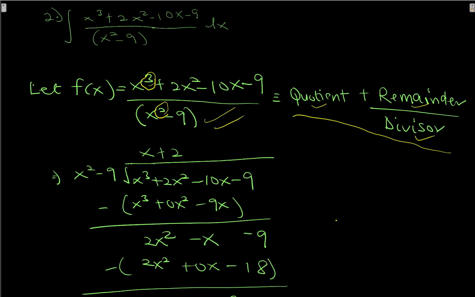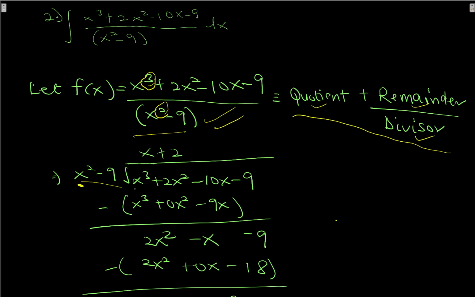So first of all, our divisor is the denominator, so we divide the numerator by the denominator. So we have x squared minus 9 dividing the numerator, which is x cubed plus 2x squared minus 10x minus 9. Okay, so let's begin.